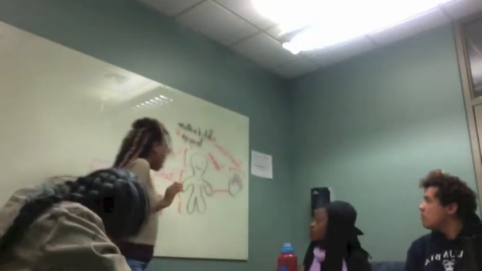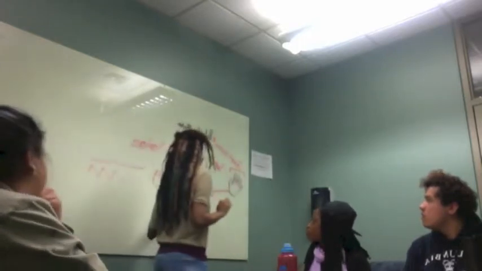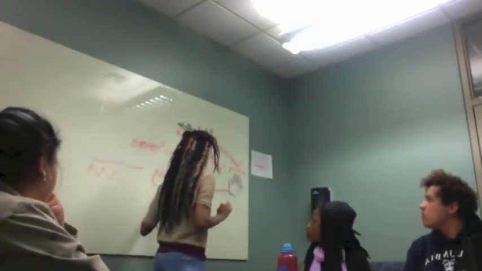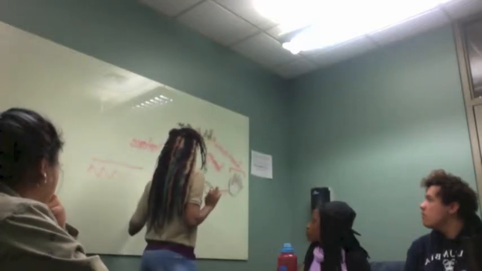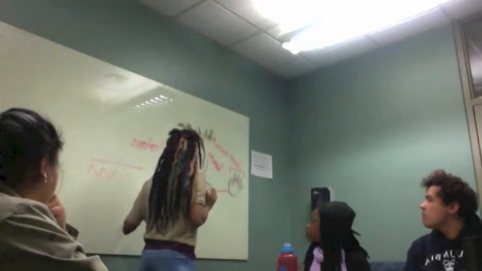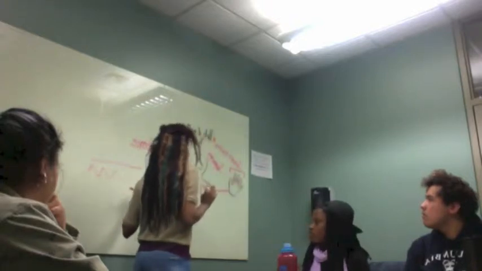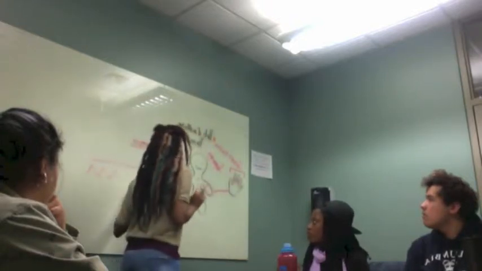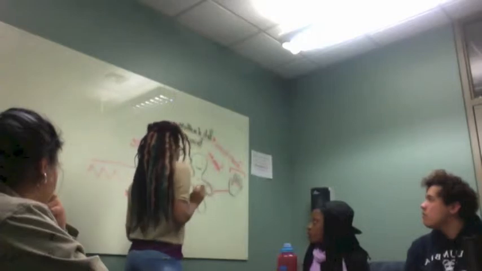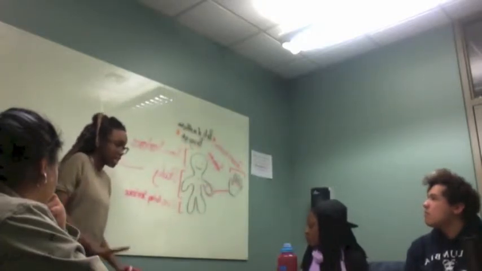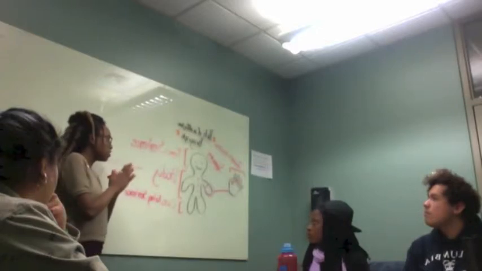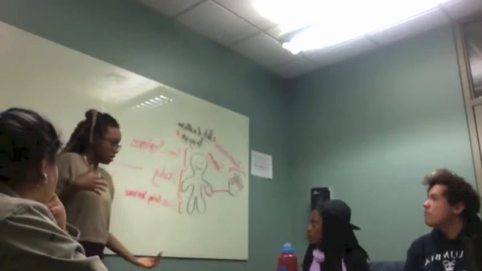So the final part of a paragraph is the concluding sentence. And we're going to look at this as if it's your feet. Because your feet take you where you want to go. It's the bottom of your body, it's the end of your body, but it takes you to your next destination.